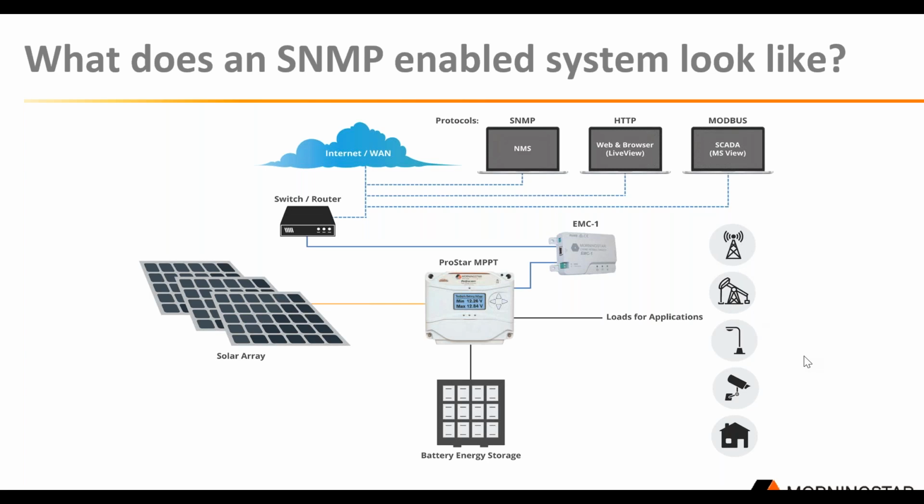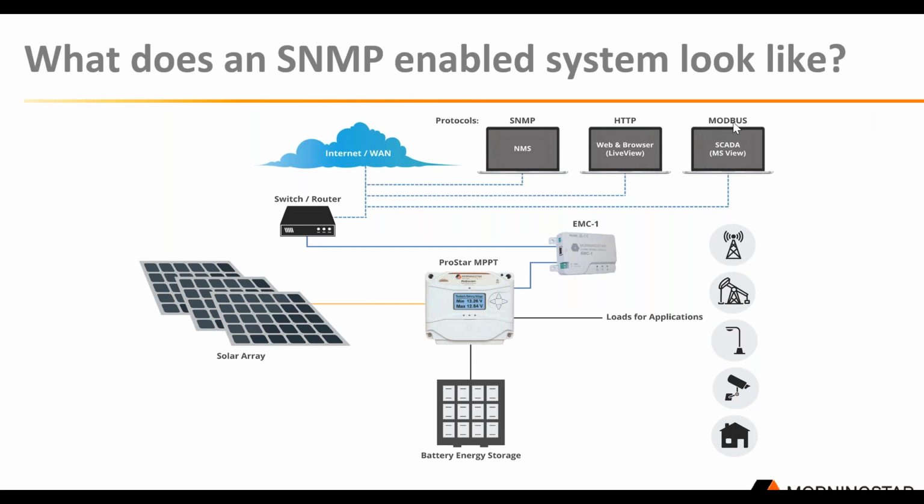And again, having a lot of the equipment used in these applications, whether it's telecom, oil and gas, lighting, surveillance and security with camera systems, even residential to some extent, there's a lot of IP-enabled equipment. And now having that capability with your solar components, it makes it a lot easier to manage.